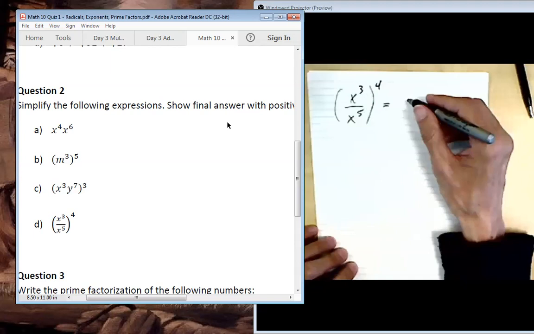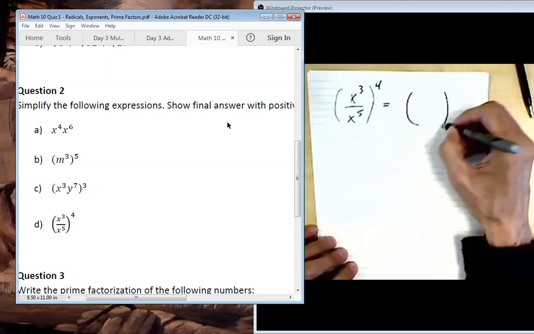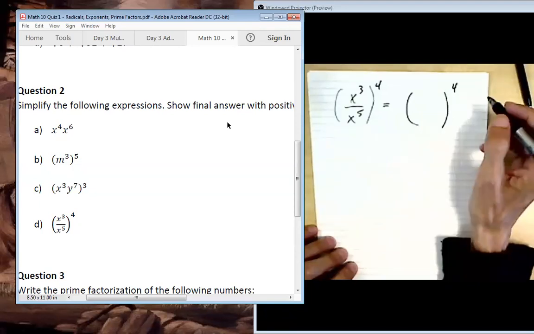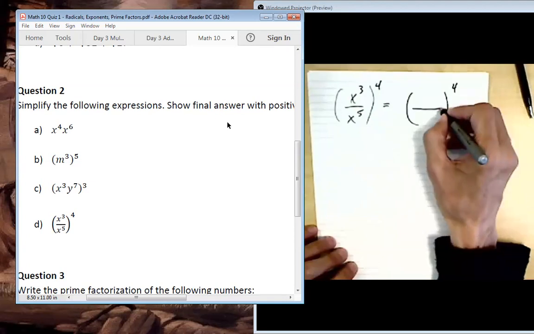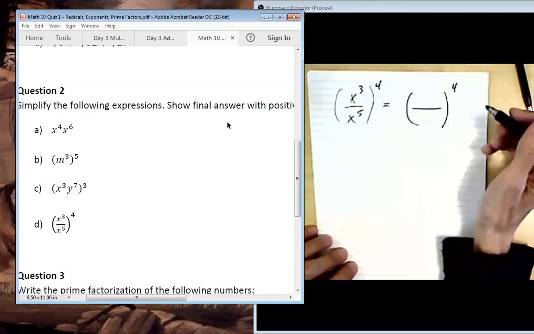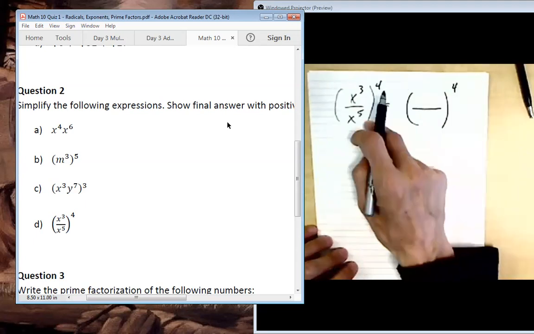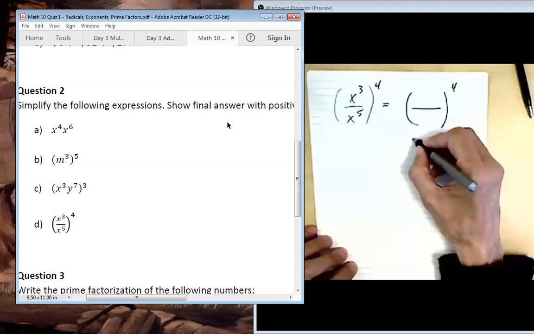What will the inside look like? X power of 12 over x power of 20. That's if we do the splitting first. What I'm saying is simplify the inside first.